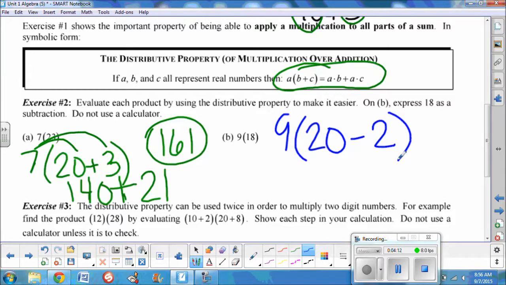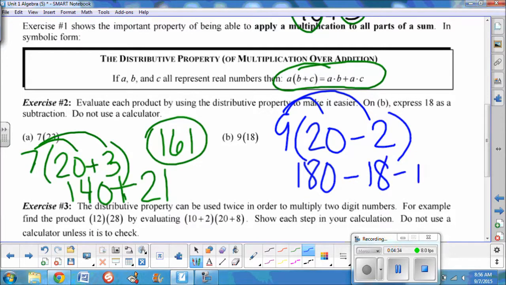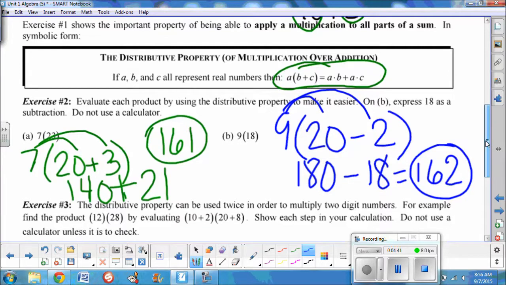Thinking about your tens, your closest groups of 10, that's how I always think about things. 9 times 20, we should be able to get that one, guys, 180, and then 9 times negative 2, minus 18, so 180 minus 18, 162. Again, a different way of looking at it as opposed to the standard algorithm.